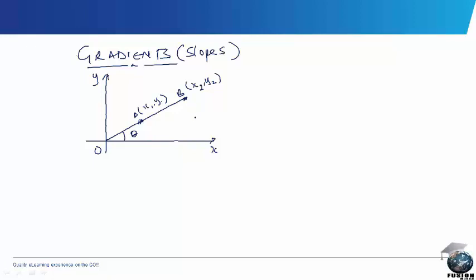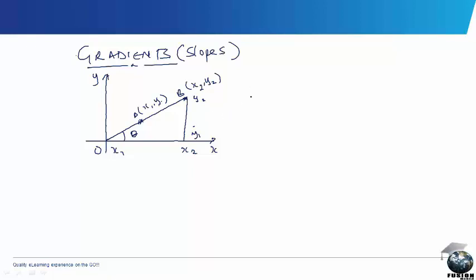If this were a triangle, we have points x2 and x1, and then points y2 and y1.